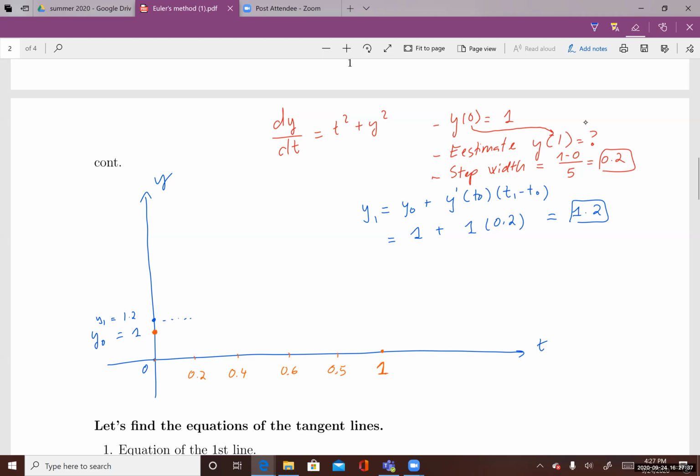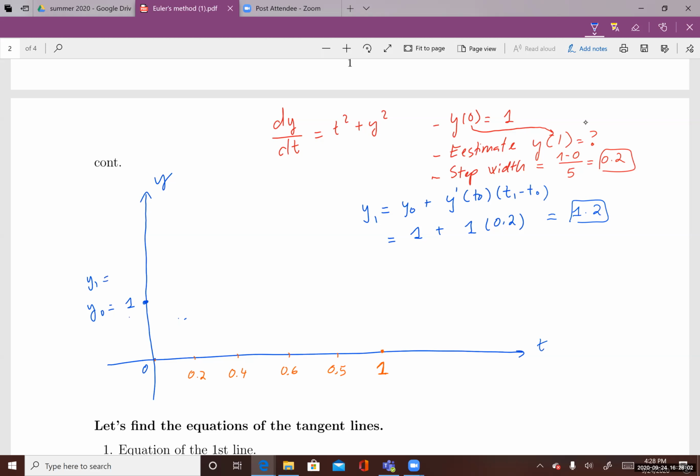Let's stretch this out a little bit. Say y0 equals 1. 1's right here.